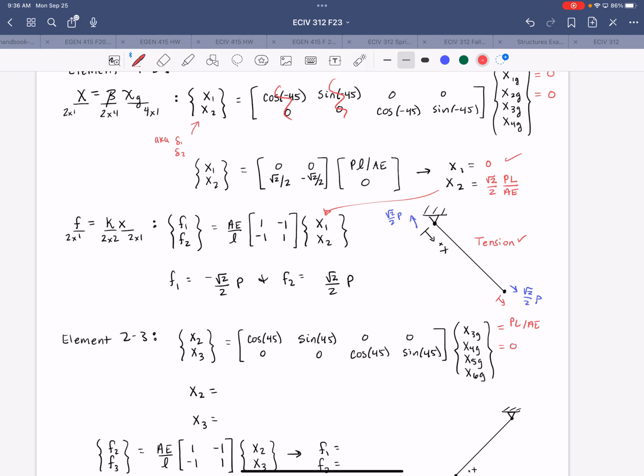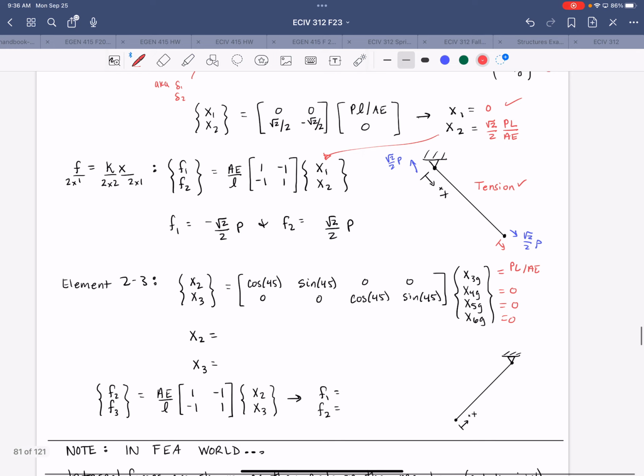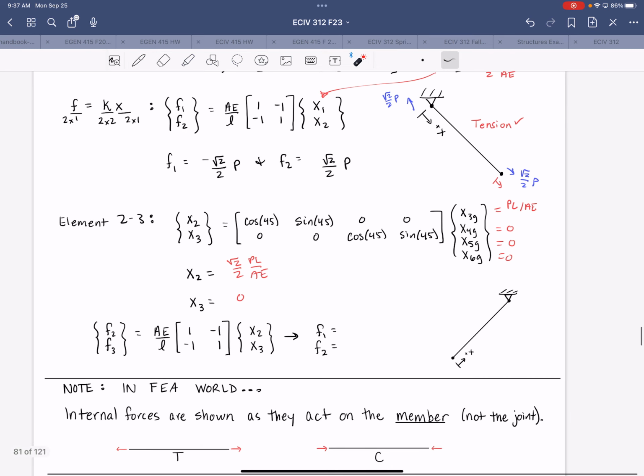All these are zeros. And by the way, above here, same thing, PL over AE, 0. Solving then, we get x2 is going to be square root of 2 over 2 times PL over AE, and x3 is 0. So again, that makes sense. x3 is not moving, x2 is.